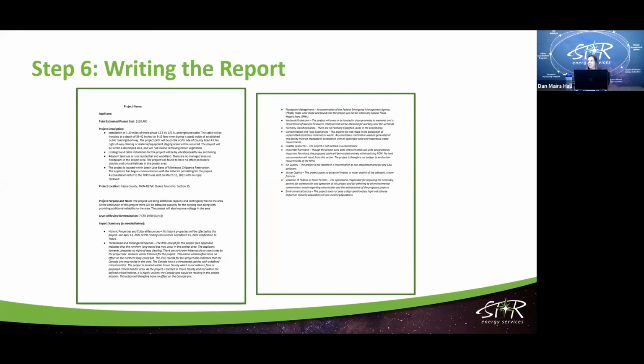You can kind of see it there: wetlands, floodplains, those environmental justice maps showing like the percentage of people of color. There's water quality maps, important farmland maps, a lot that goes into it that make these full reports very, very large files.